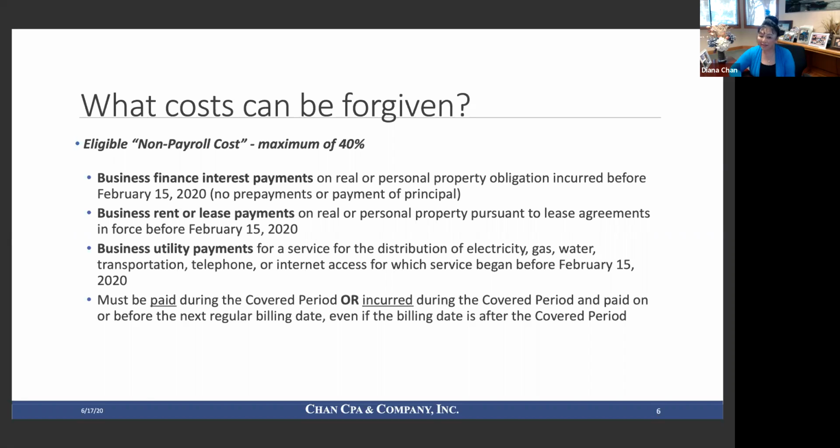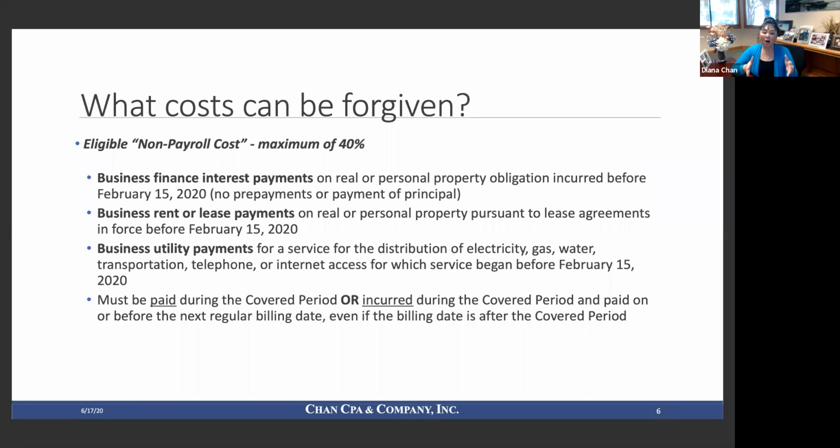Again, business rent or lease payments on real or personal properties as well, and also business utility payments. And so that is going to include electricity, gas, water, telephone, and internet. Now, we also included transportation here, but that's only as it relates to acquiring the electricity, gas, or water.